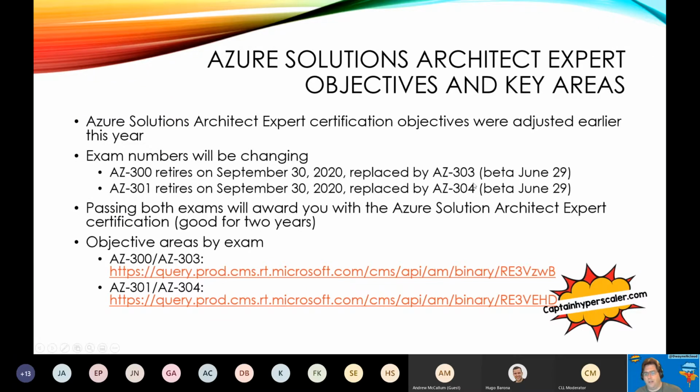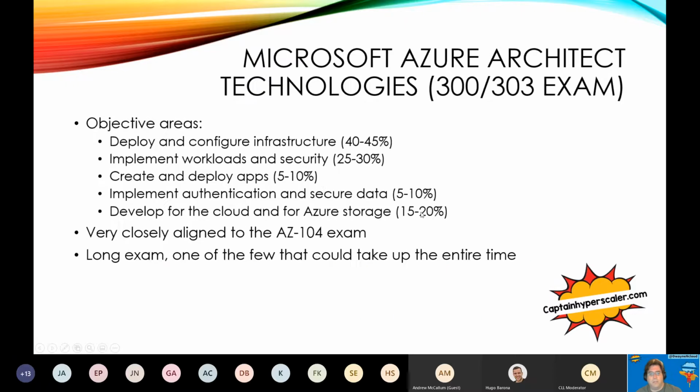But understand, if you register and take the 303 or the 304 now, you won't get your results until about 2 weeks to 3 weeks after they come out of beta. So some things to understand there around the exams.